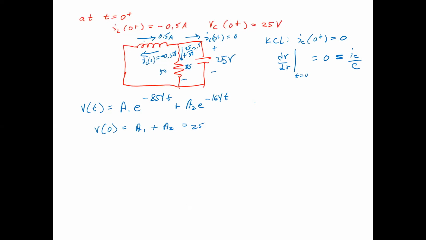And dv dt is going to equal minus 854 A1 e to the minus 854t minus 164 A2 e to the minus 164t.